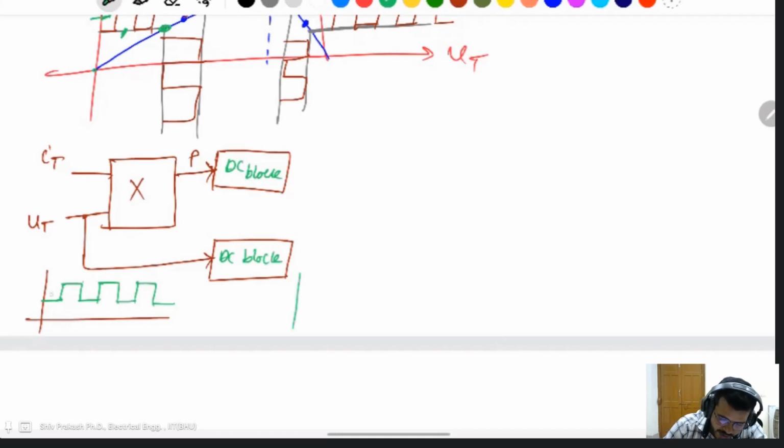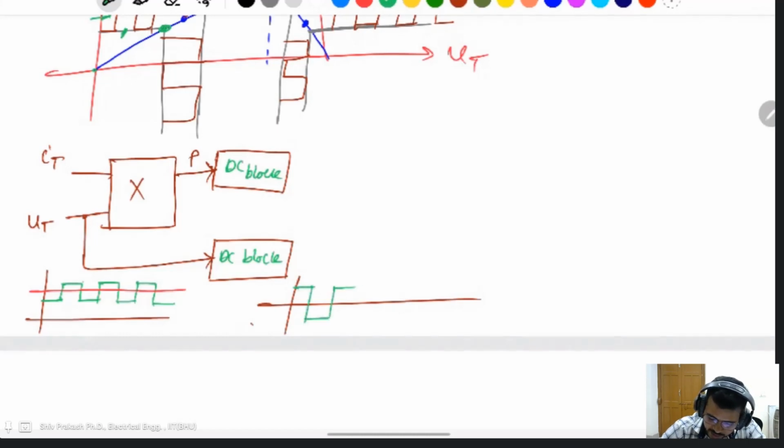If you subtract this DC, which is the average of this, then we will get 0. We will get this one like that, from minimum voltage to maximum voltage.